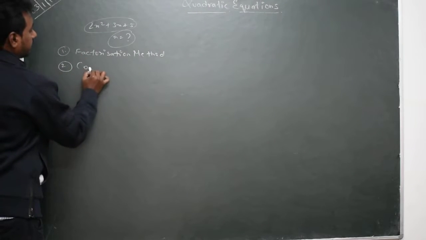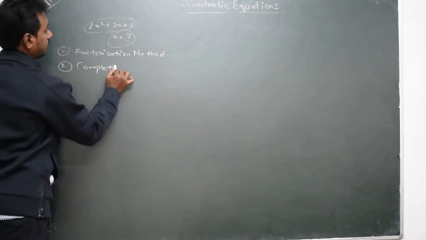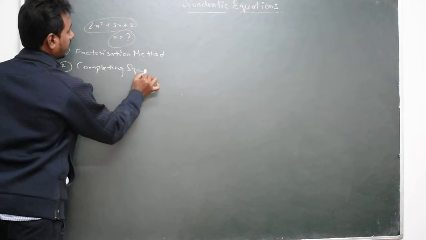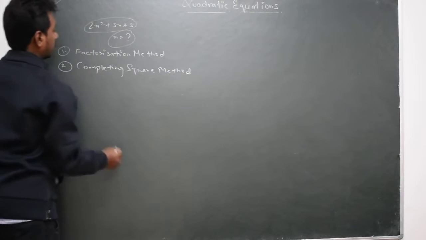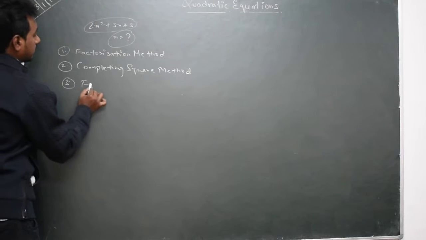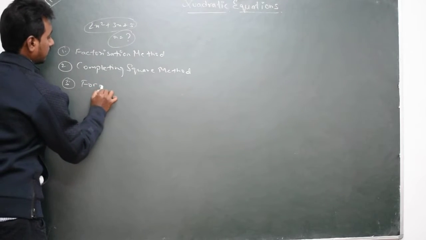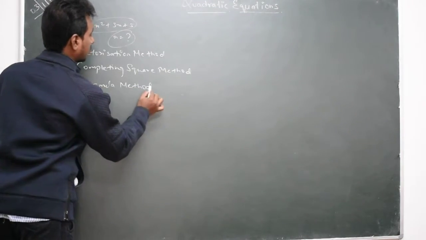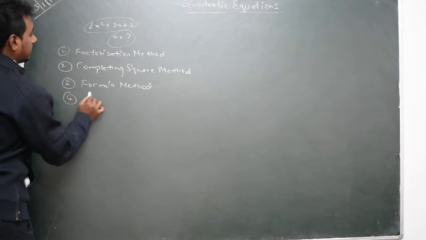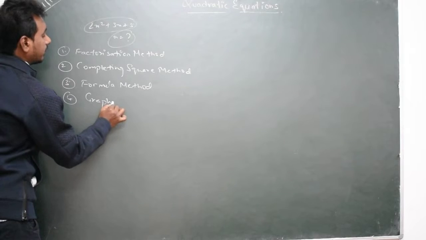The second method is the completing square method. The third is the formula method. Leaving all these aside, using the graphical method also we can do it.